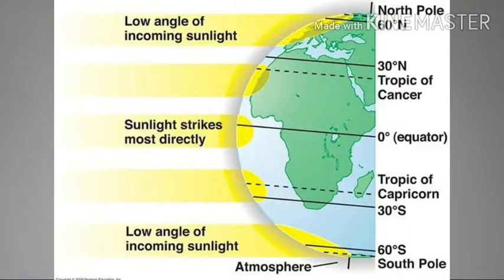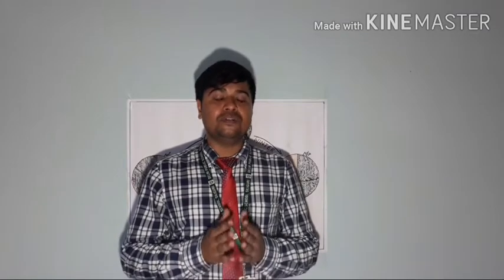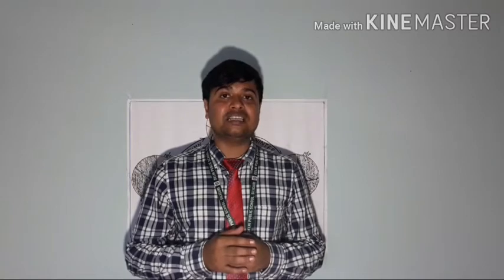The reason behind the formation of solstice and equinox is the angle of the sun rays that fall on the earth's surface, and also the axis of the earth, that means the tilted axis of the earth. So because of these two reasons we have solstice and equinox.